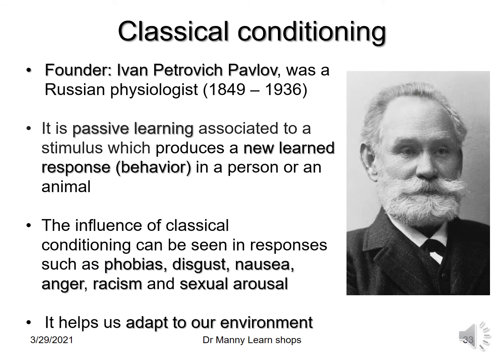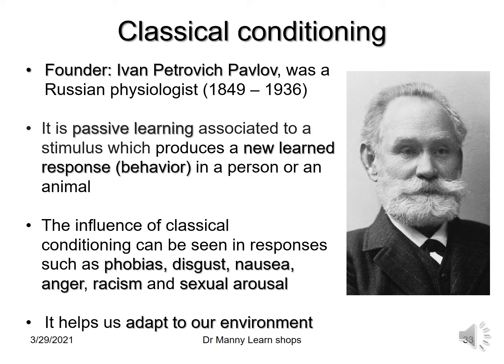When we look at classical conditioning, the founder was Ivan Petrovich Pavlov, who was a Russian physiologist. And he basically stated that it's passive learning associated to a stimulus which produces a new learned response or behaviour in a person or an animal. And the influence of classical conditioning can be seen in responses such as phobias, being disgusted, nausea, anger, racism, sexual arousal.